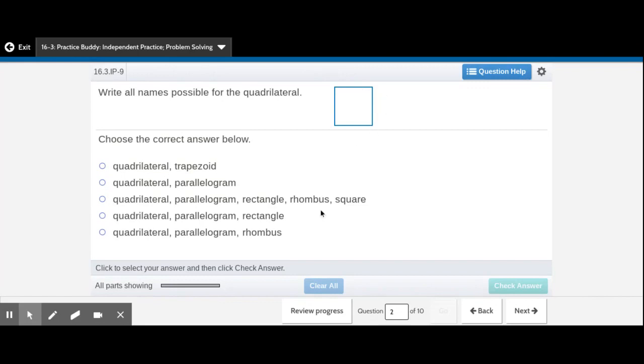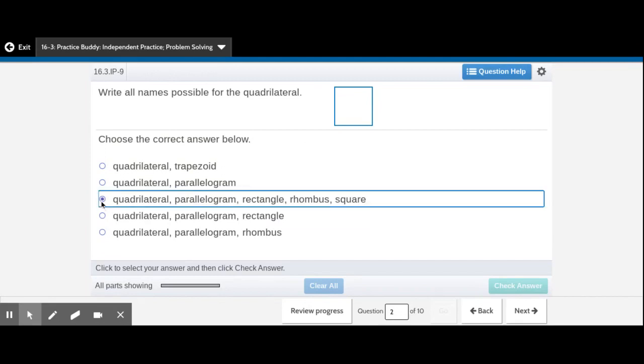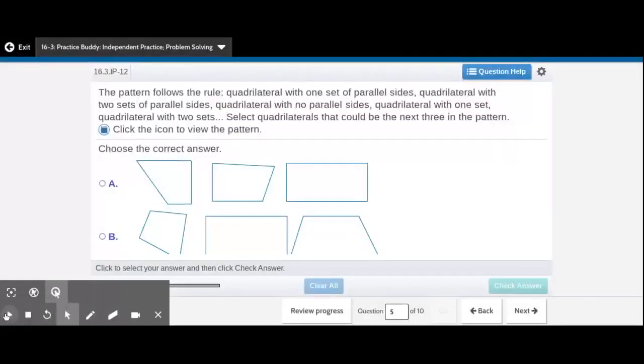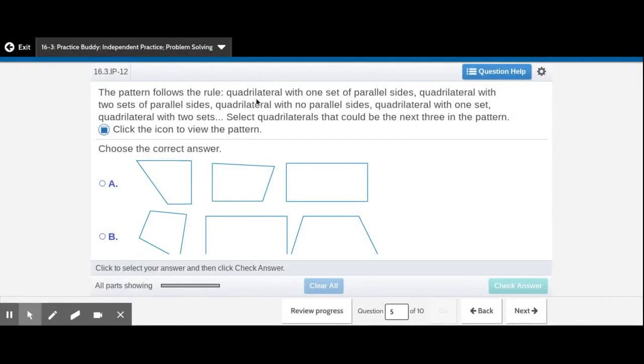So that's why that works also. A square can also be a rhombus as well, going back to our notes. So let's check this answer option to see if we're correct. We are.